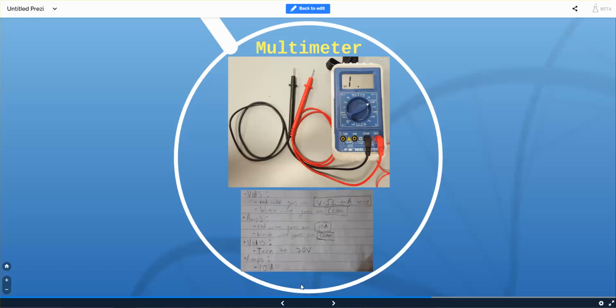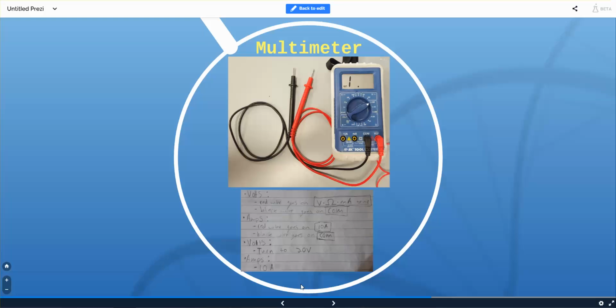For the multimeter, we learned how to use it to measure volts and amps. For volts, we figured out that the red wire goes on the all the way right place, and the black wire goes on the COM, just like it is in the picture.